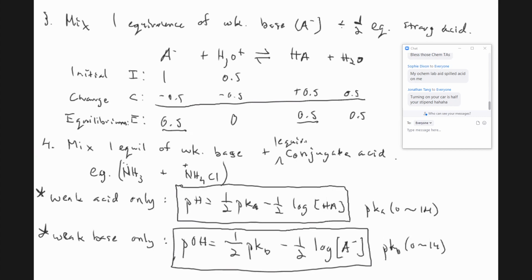Okay. Everything up to now we were just doing by doing equilibrium. Any questions so far? Okay. So let's take a look at neutralization.